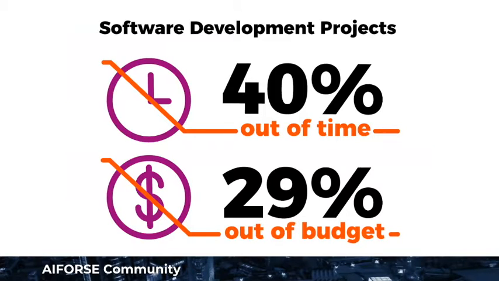This means that we either don't have a good quality of software, or we don't have a good quality of requirements, and we don't match the real business needs which we are trying to solve with the software.